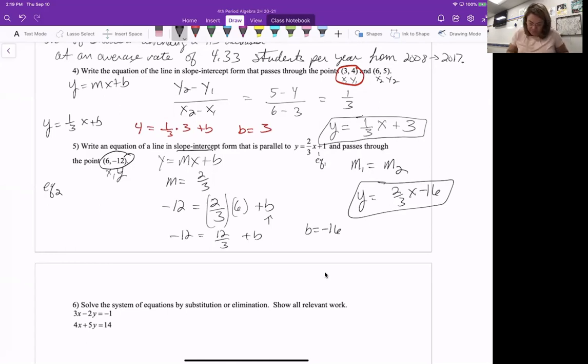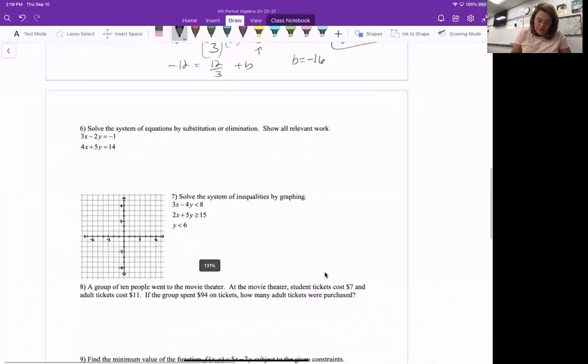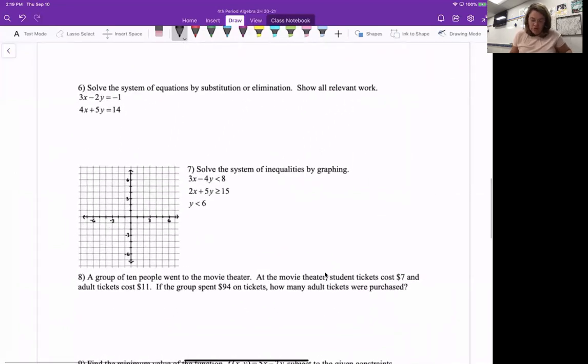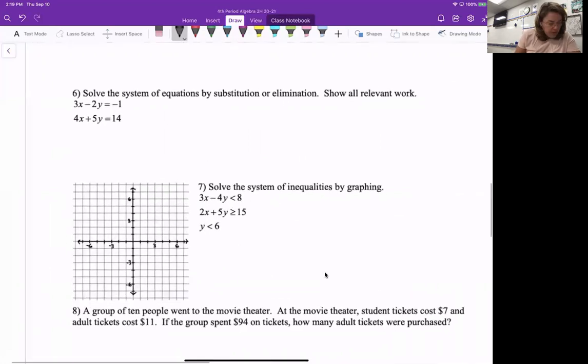Okay. Moving on. Solve the system of equations by substitution or elimination. So I'm going to do elimination by multiplying both of them by a number so I can cross something out. So I'm going to eliminate my y's.